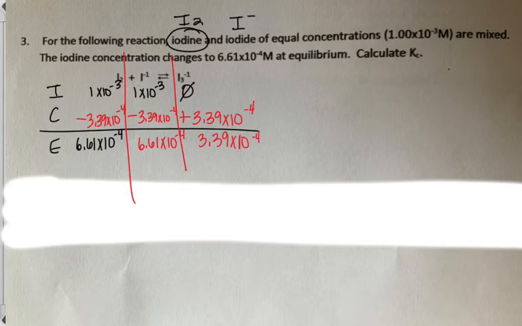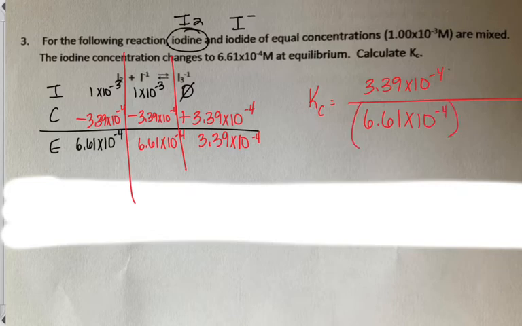And then to calculate the Kc, I will say products over reactants, and for shorthand, instead of writing 6.61 times 10 to the minus 4 times 6.61 times 10 to the minus 4, I'm just going to write it like so. And for my answer for Kc, did you guys get 776? Again, it's unitless.